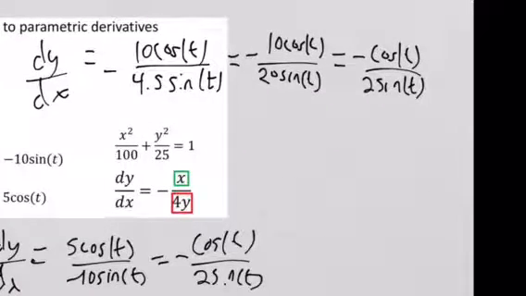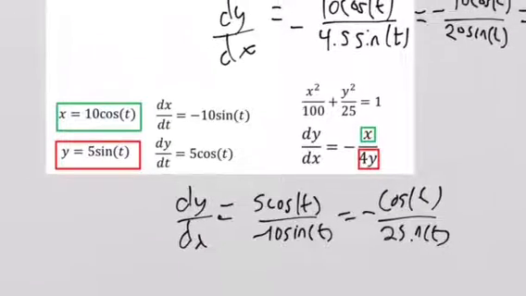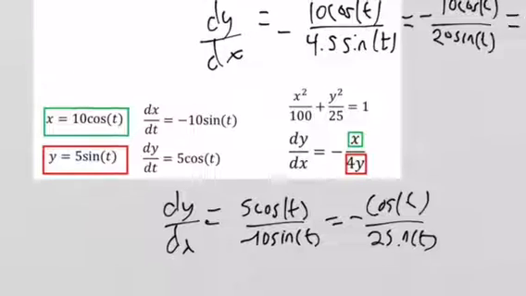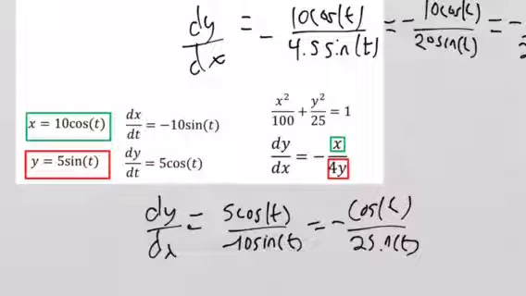Okay, which is what we got over here as well when we just replaced our x and our y with the original x and y. So clearly the slopes are the same whether we're in parametric or Cartesian form. It's just in parametric form we have it in terms of t, and in Cartesian form it's in terms of the x and the y.